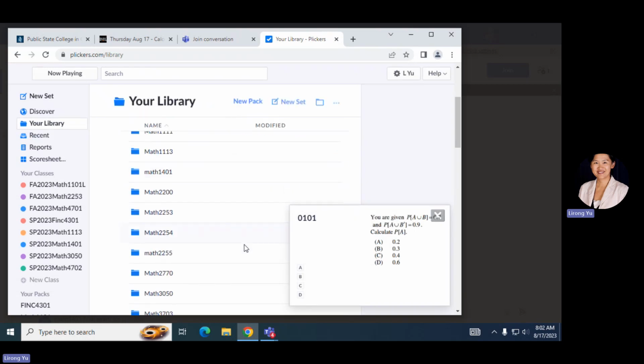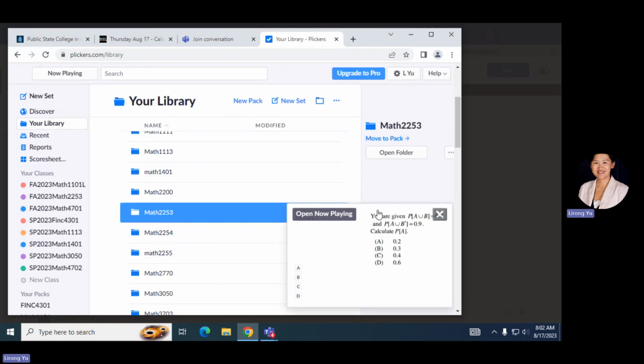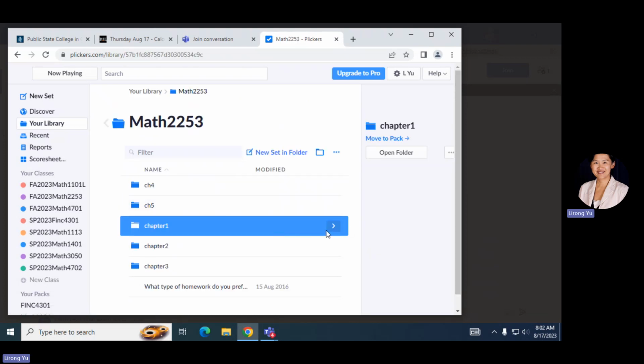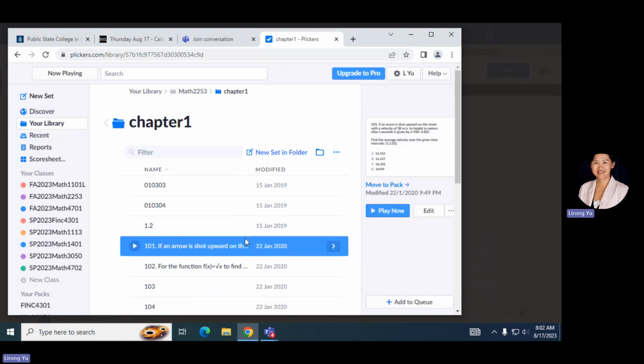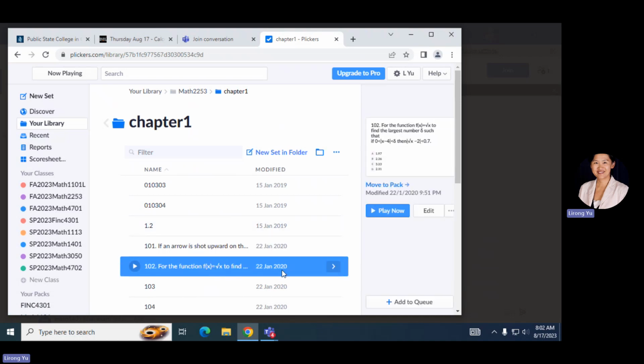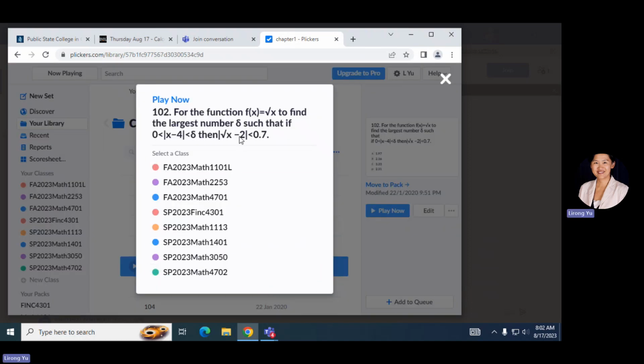Can you read that? And then. 2 hours. Yeah, no problem.